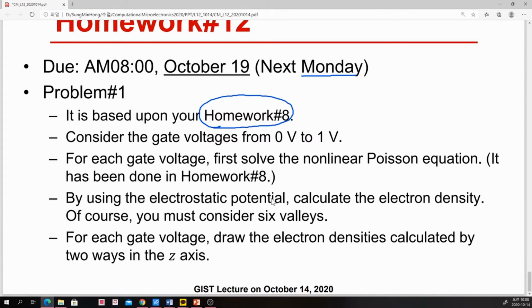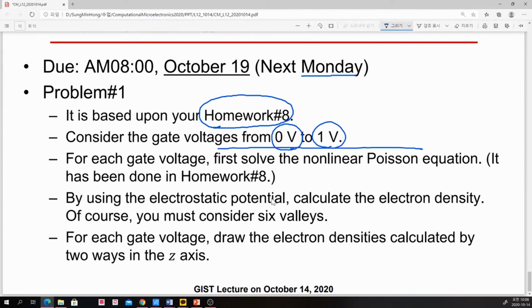It was not the entire MOSFET, but it was just a MOS structure. So that was just a one-dimensional structure. And you have already calculated the potential and electron density for different gate voltages from 0 volt up to 1 volt. So that is already done in your homework number 8.